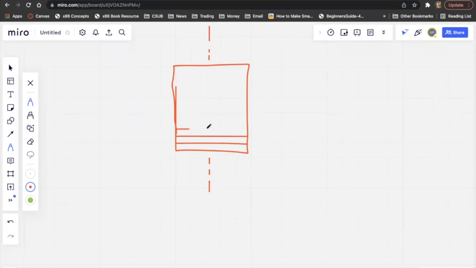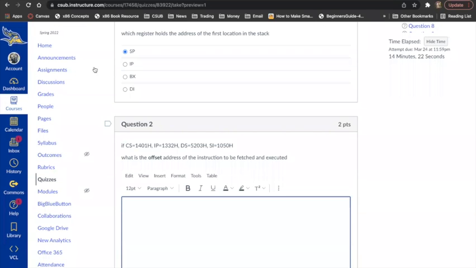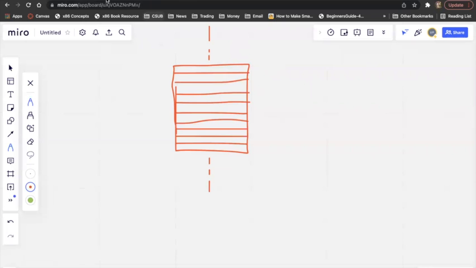So what happens in this case, for question number 2, is this: let's say this is the code segment that we're dealing with. We know that for this code segment, the address is 1401.